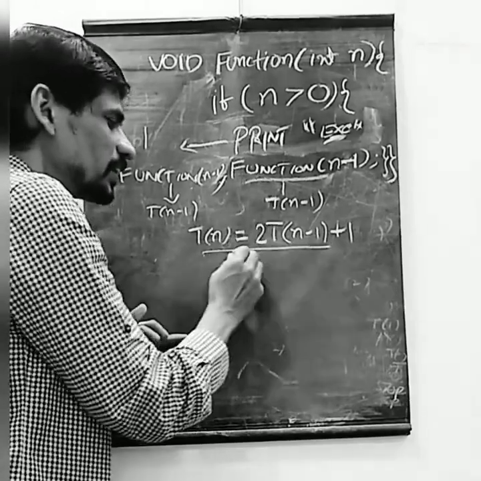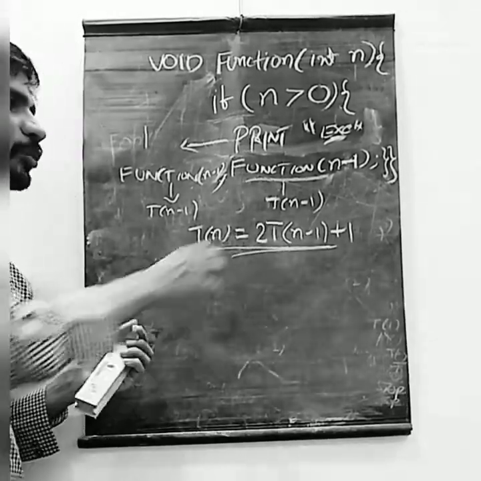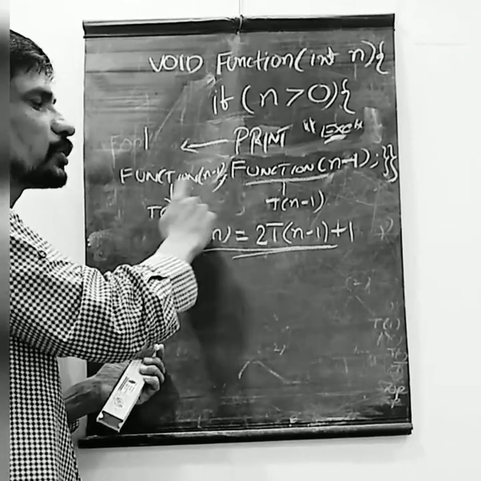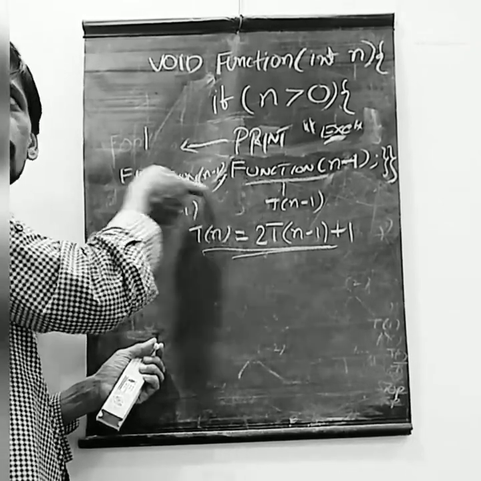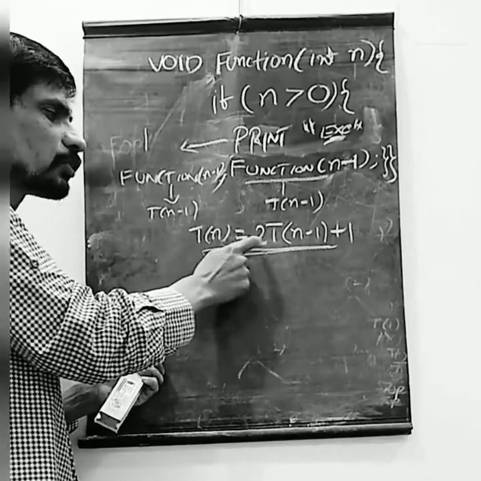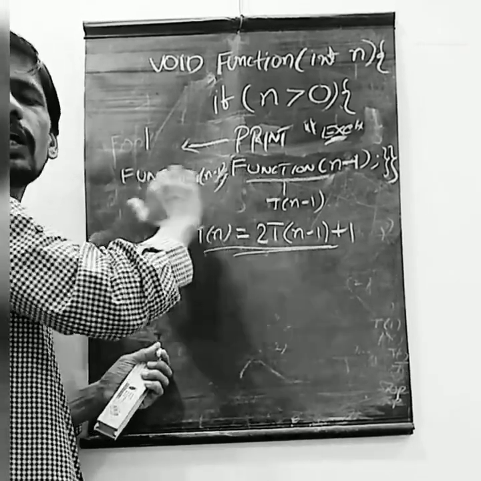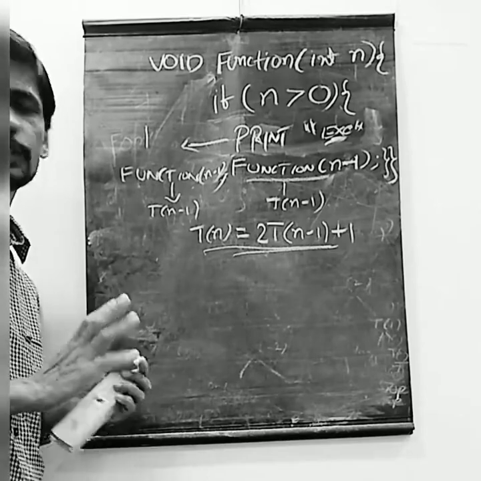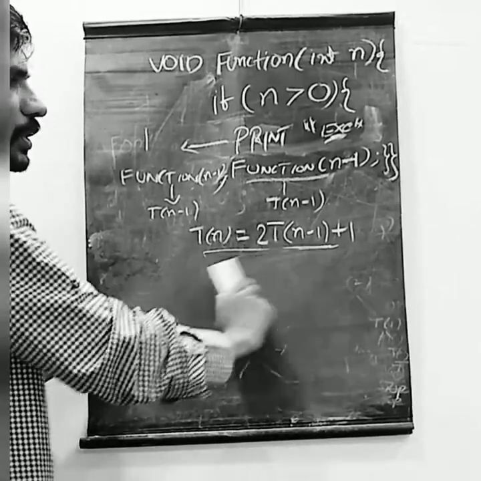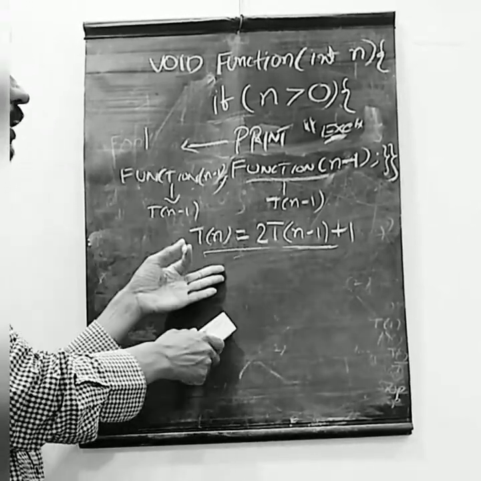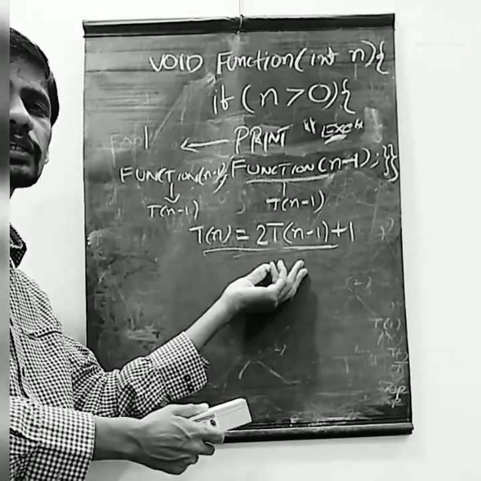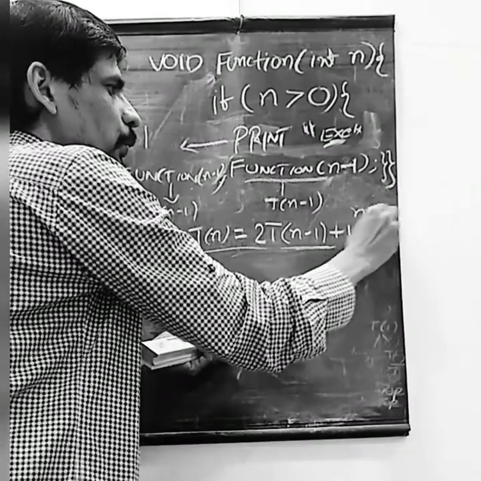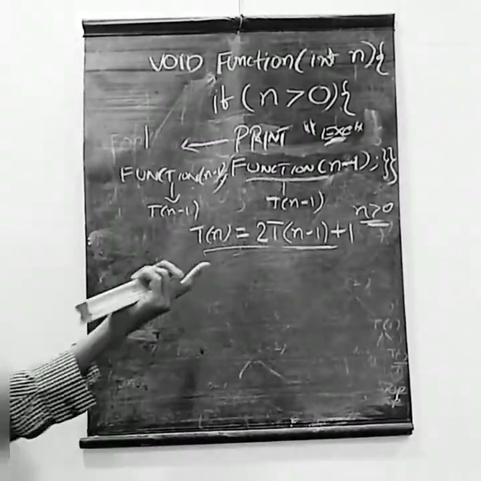So this is my recurrence relation. Here 2 came because we are calling two times. For example, if I am calling 3 times, it will become 3. If I am calling 100 times, it will become 100. That's simple, nothing to worry about. This is my recurrence relation when n is greater than 0.